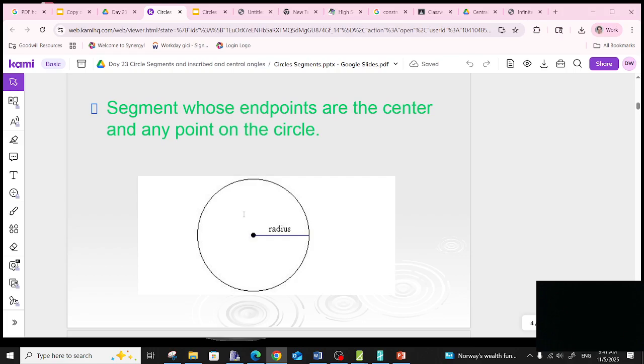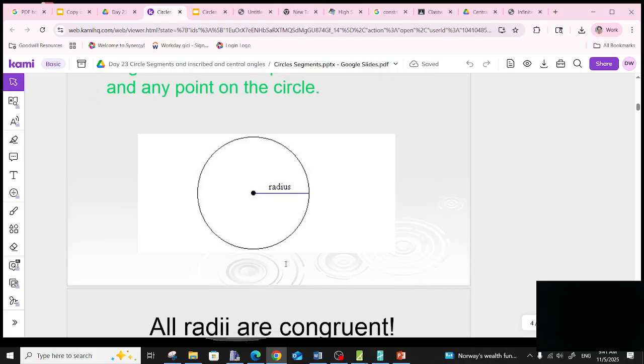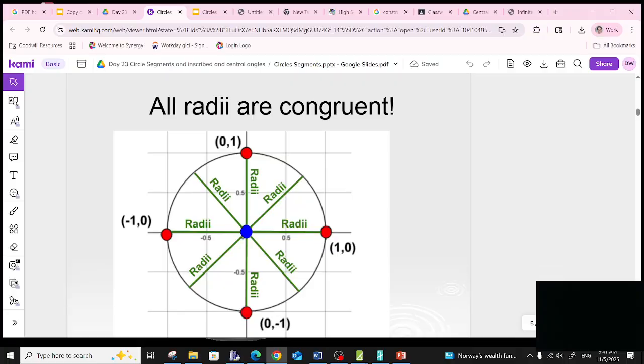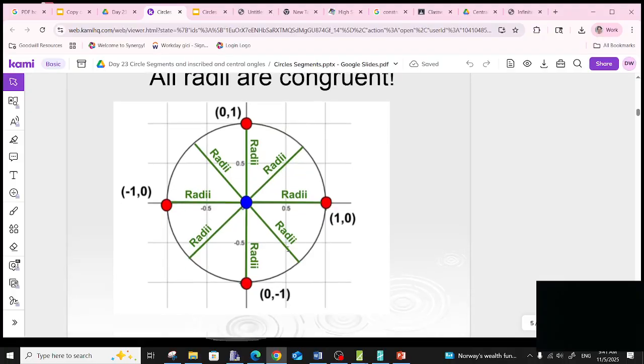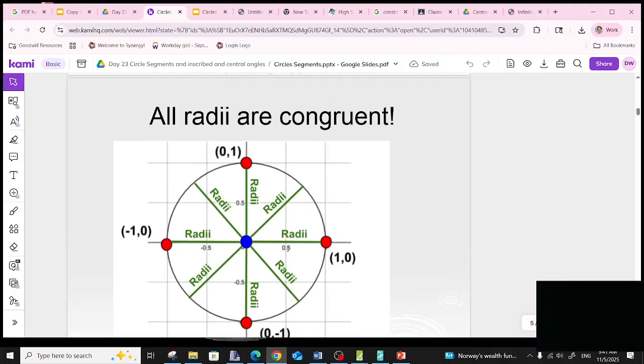Are they all equal in length? Is every single radius going to have the same measure? Yes, they have to. Look at how much we learned already, and I hardly even talked. So all radii are congruent, right?